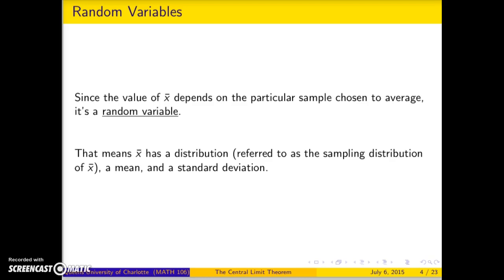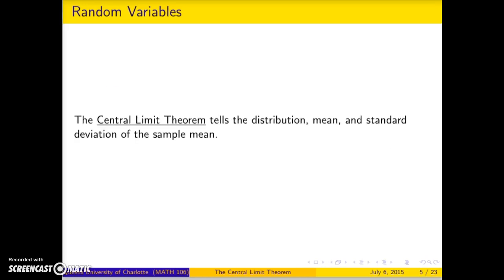So that means x bar itself has a distribution, and that distribution is called the sampling distribution of x bar. An x bar has a mean, and an x bar has a standard deviation. And the central limit theorem is what tells us the distribution, mean, and standard deviation of the sample mean.